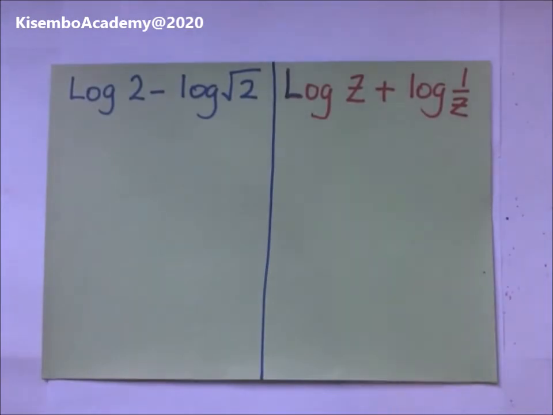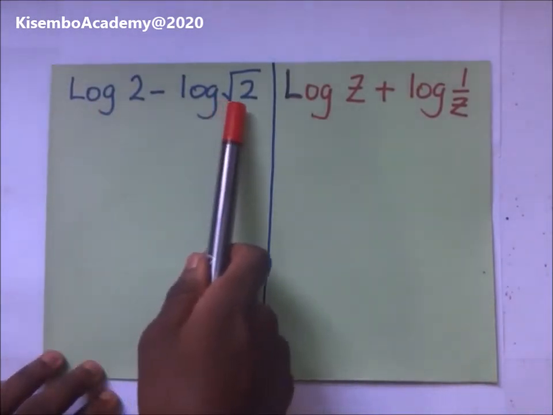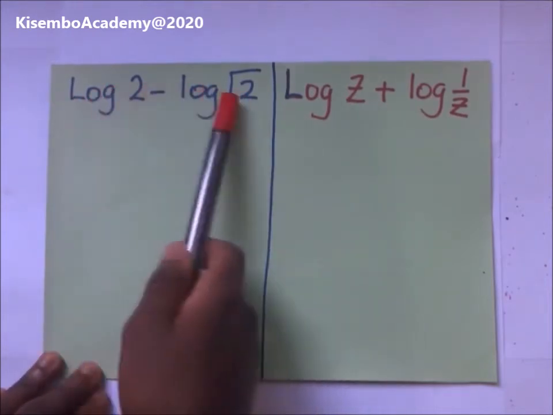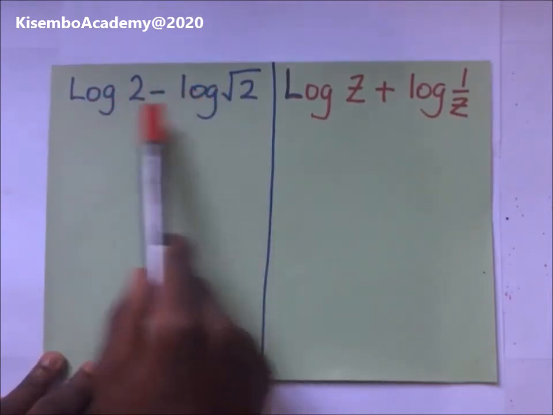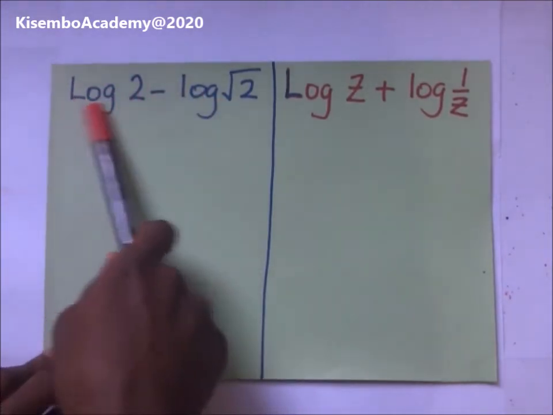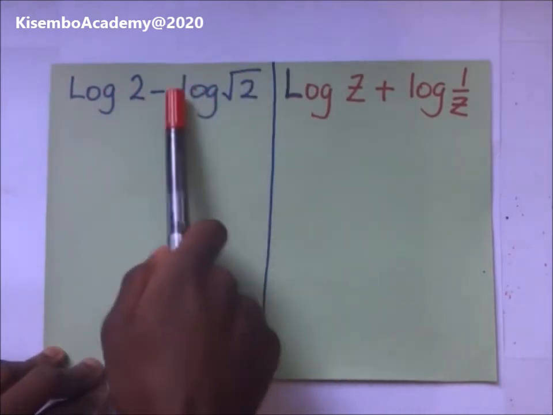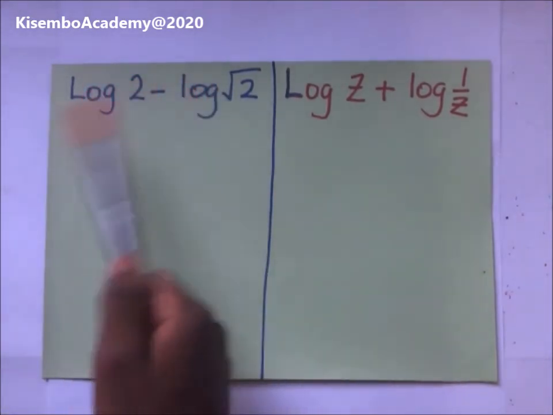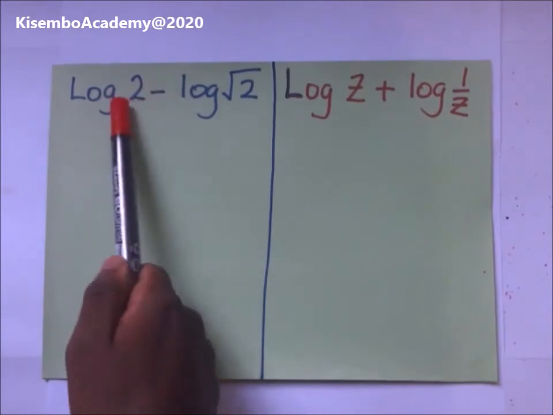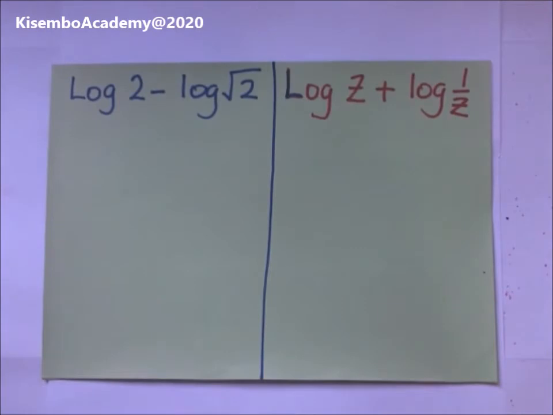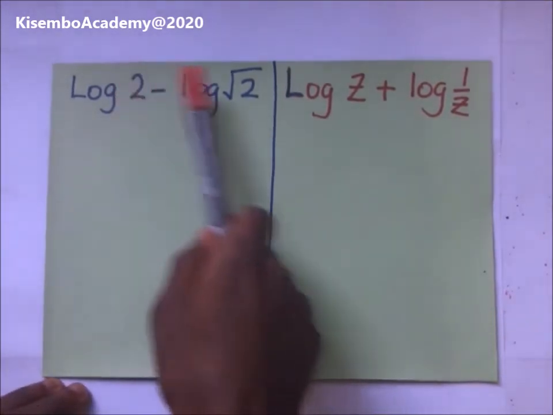This number right here is log 2 minus log the square root of 2. We are required to solve it. Now, these two logarithms have the same base 10. Since they have the same base, and the coefficient of this logarithm and the coefficient of this logarithm is 1, it means we can apply the property of subtraction of logarithms: when you're subtracting logarithms with the same base, here base 10, you simply divide the numbers.